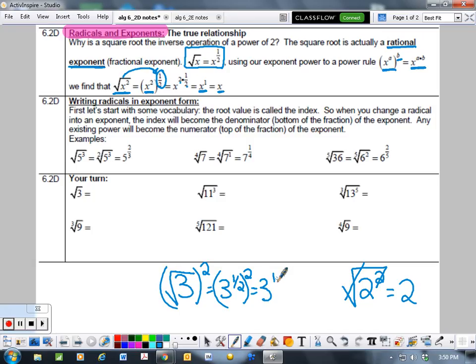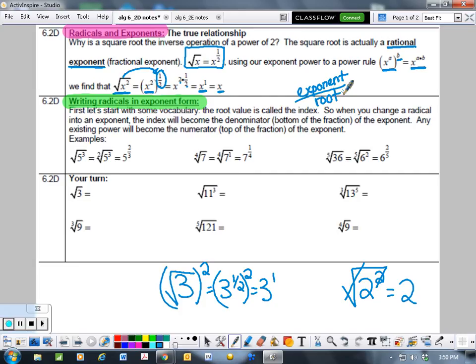So what are we going to do now? We're going to practice writing radicals in exponent form. What ends up happening is the regular exponent becomes the top number. So it looks like exponent over the root. And root is just our radical.